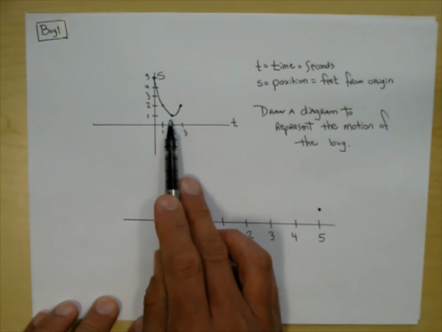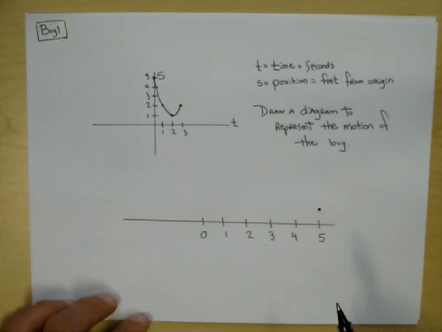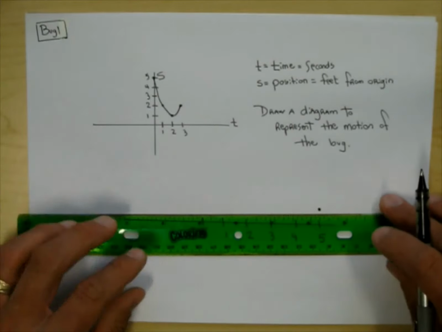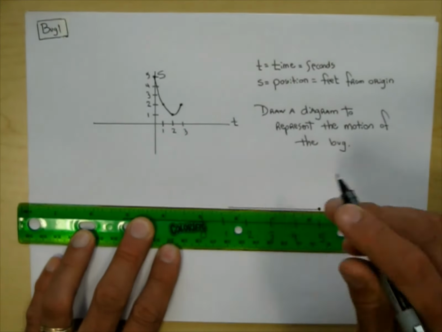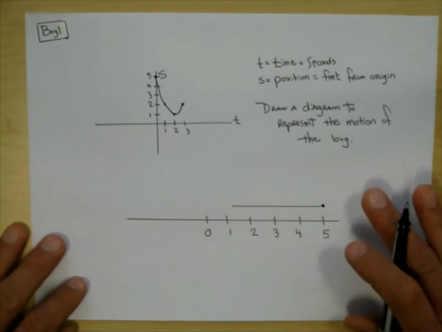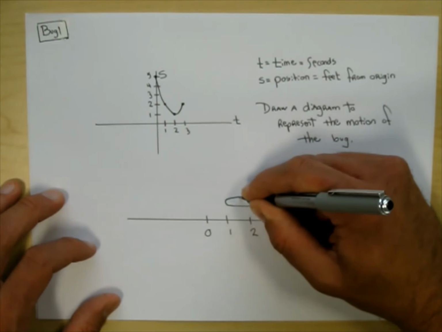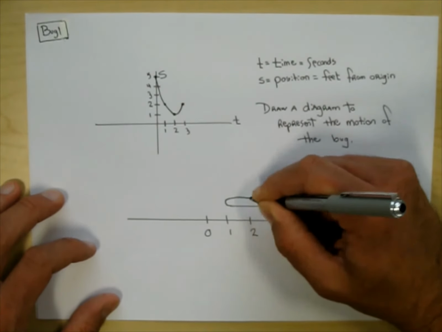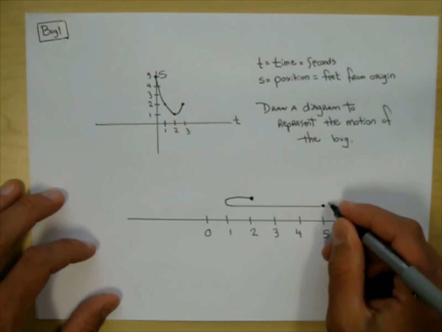And then it looks like this is where the bug turns around and then goes back to 2 at 3 seconds. So I'm going to make the bug go all the way to 1, and then I'm going to make him, so that's what he's doing. He goes all the way to 1, he turns around and goes right there. So you can see at 0 seconds he's at 5.